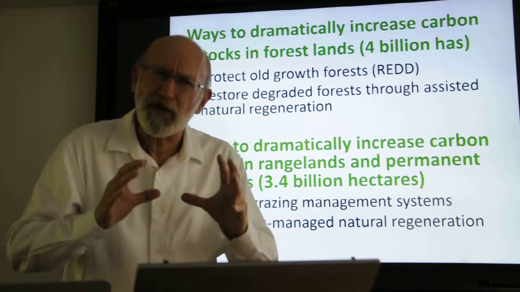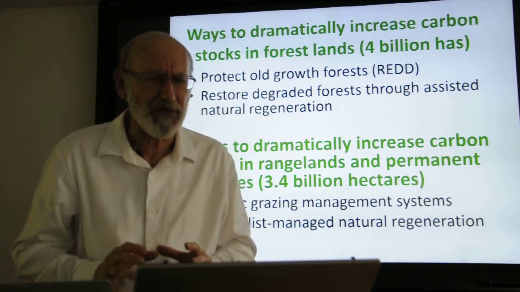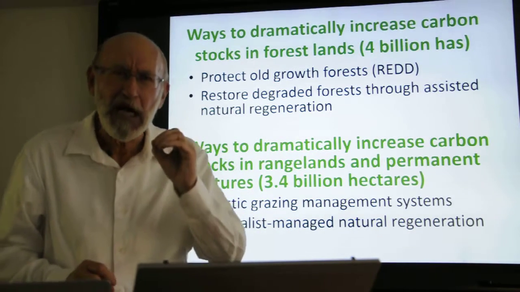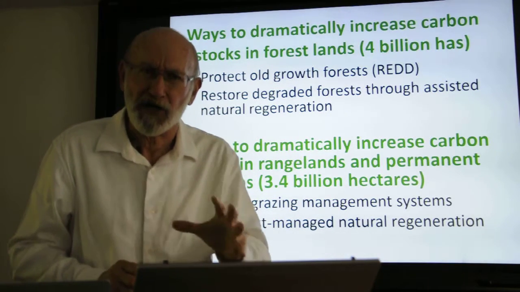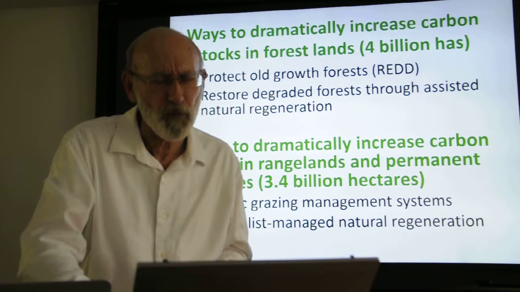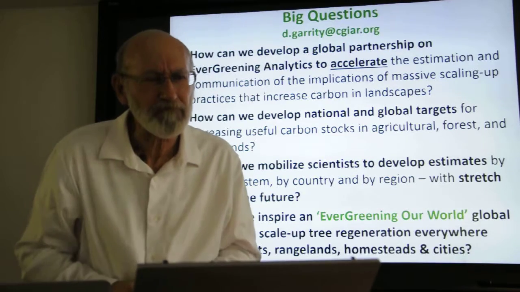Here, the movement towards holistic grazing management systems, the community conservancies, and pastoralist managed natural regeneration are key components of a scaling up vision for more holistic and sustainable rangelands with much greater carbon sequestration as well.